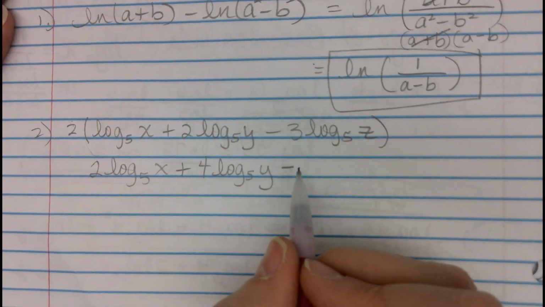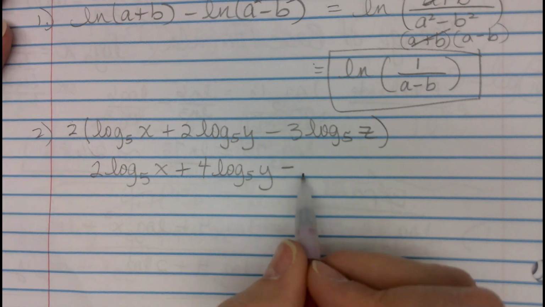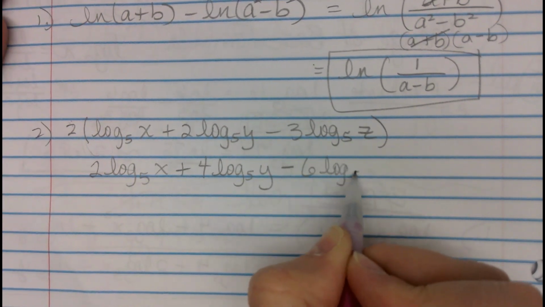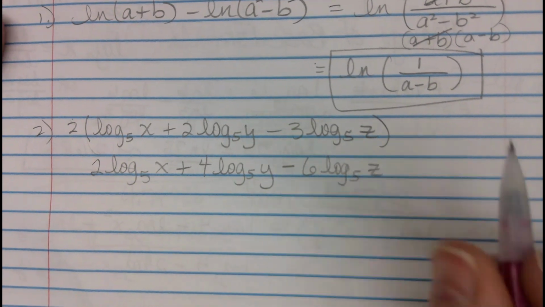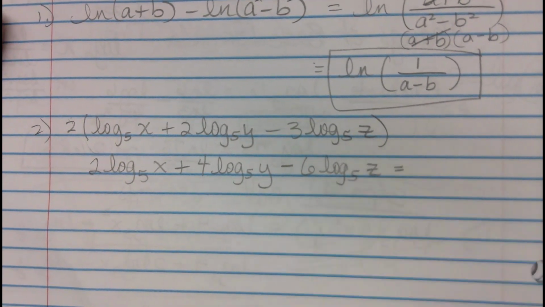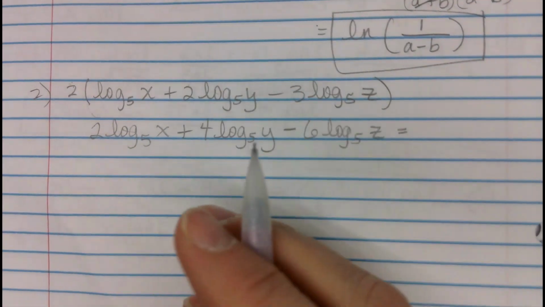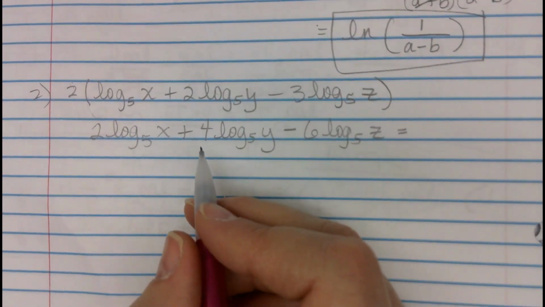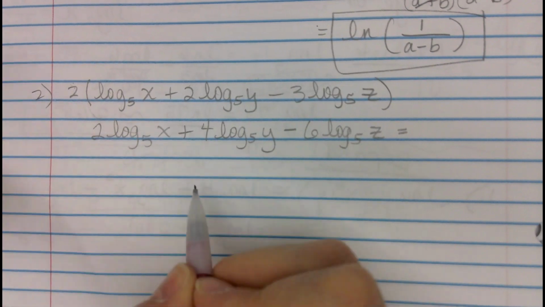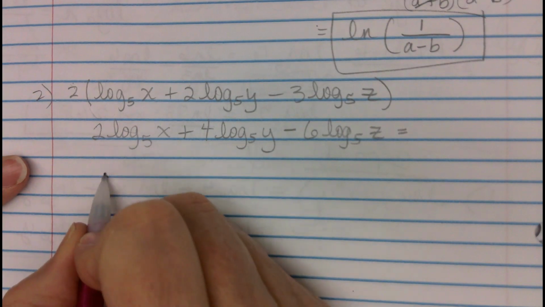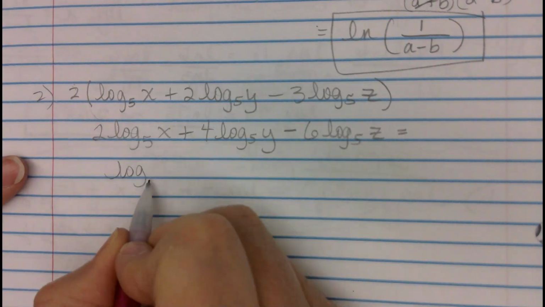Back row, what would this last one be? Now what do we got? And you will get so good at these that you will be able to do it in one more step or whatever, but I'm showing you. Turn this into an exponent, right?